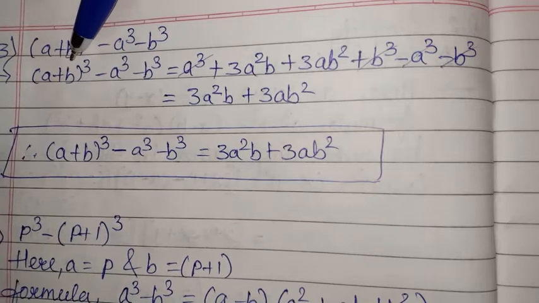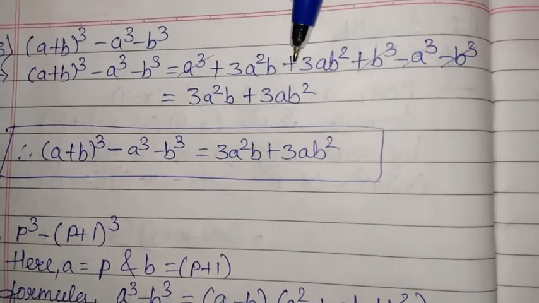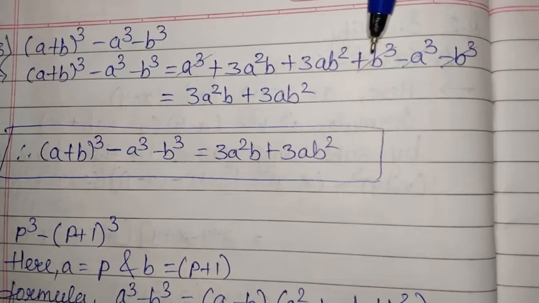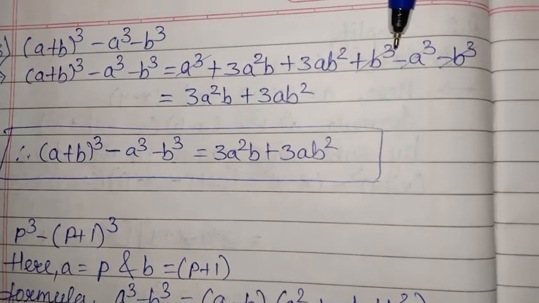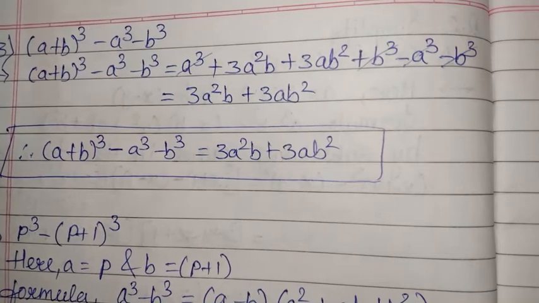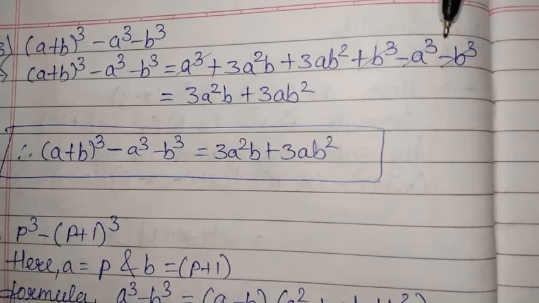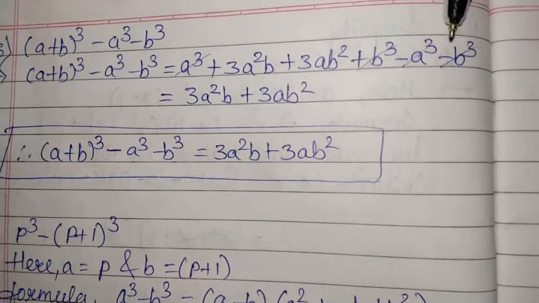So what is the solution of this? a cube plus 3a square b plus 3ab square plus b cube. This is the solution of a plus b bracket cube, and this minus a cube minus b cube we will keep as it is.